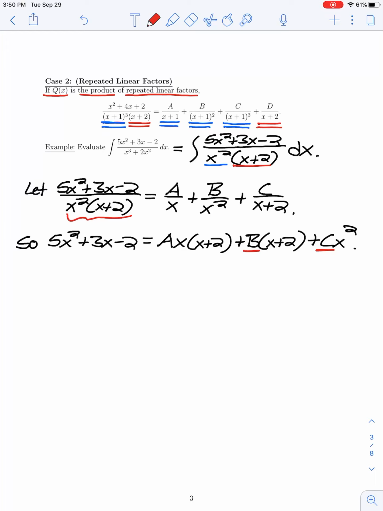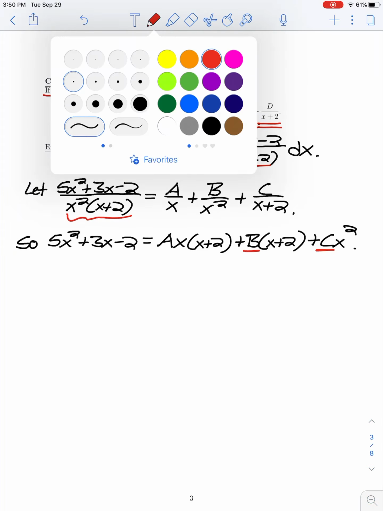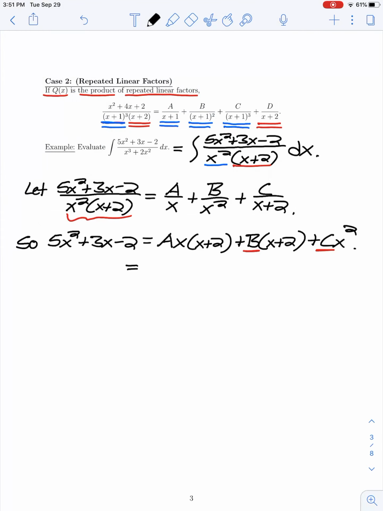So instead, let's talk about the other approach, which I mentioned, to solve for our constants a, b, and c, which requires us to expand our function on the right-hand side of this equation. So if I multiply this out, I would have ax squared plus 2ax plus bx plus 2b plus cx squared.